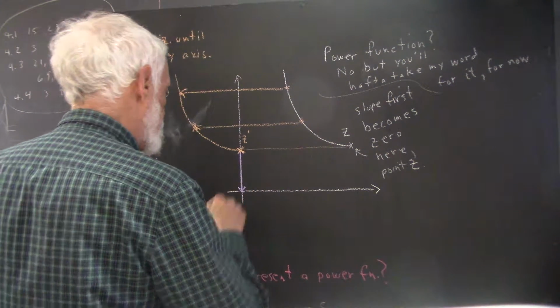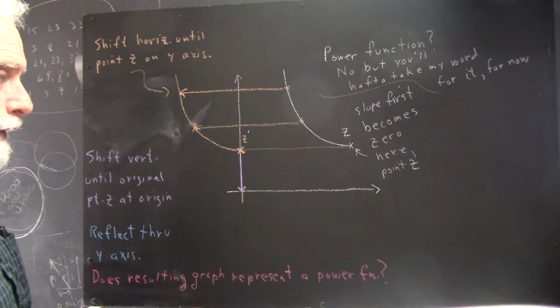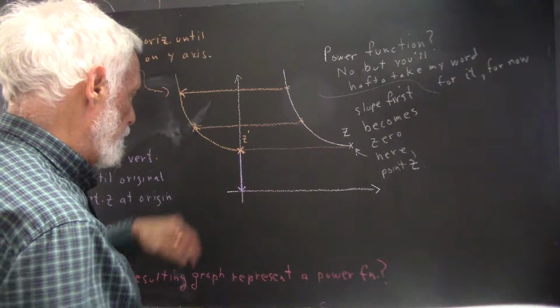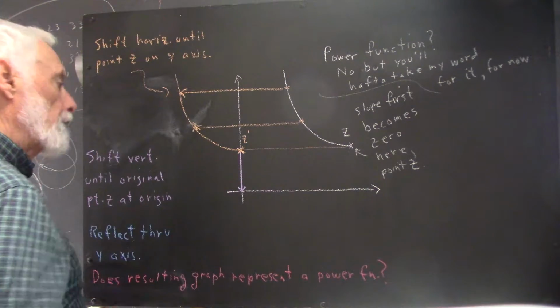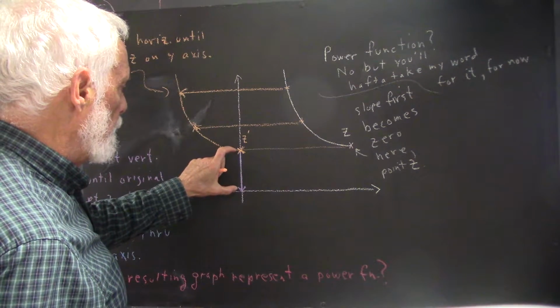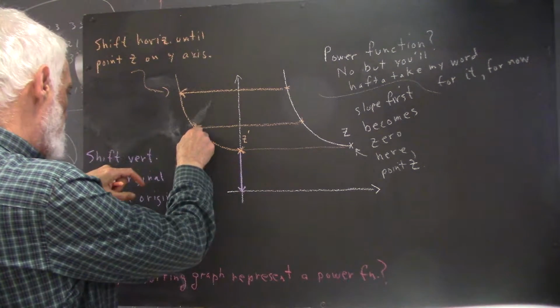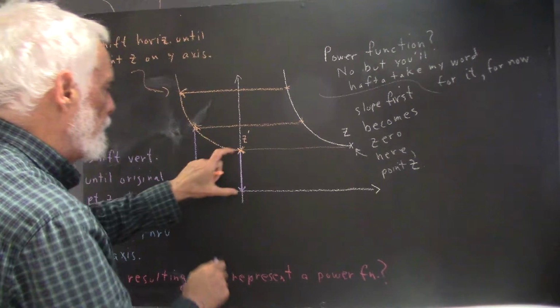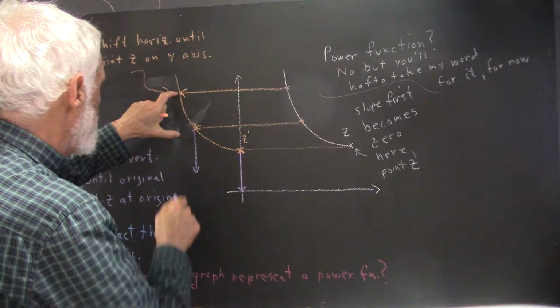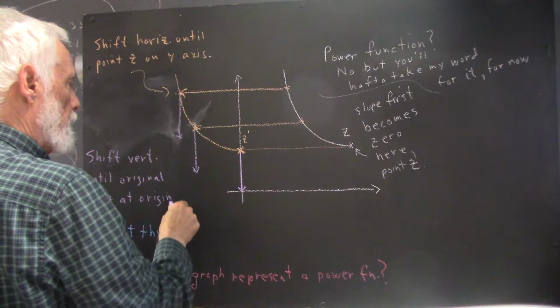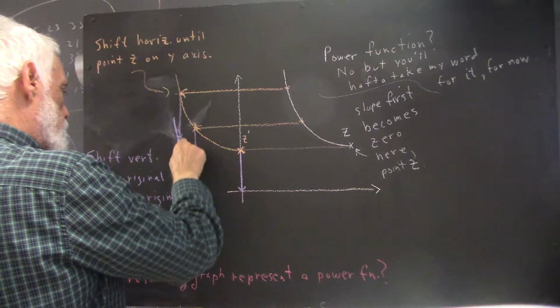So the vertical transformation will be through this displacement, and that's going to put this point down here at the origin. Okay, so I'm going to use that same transformation. It's going to lower this point to here, and again lower this point to about here.